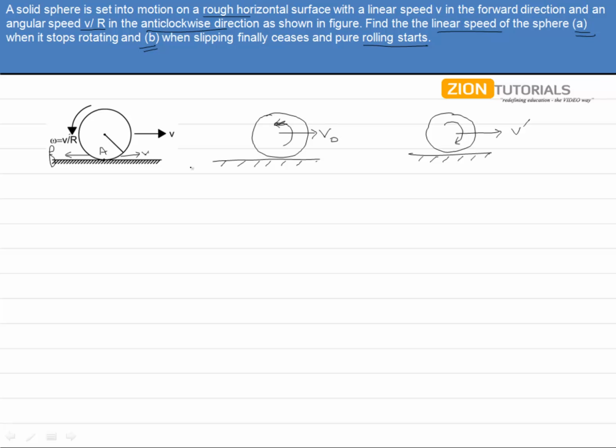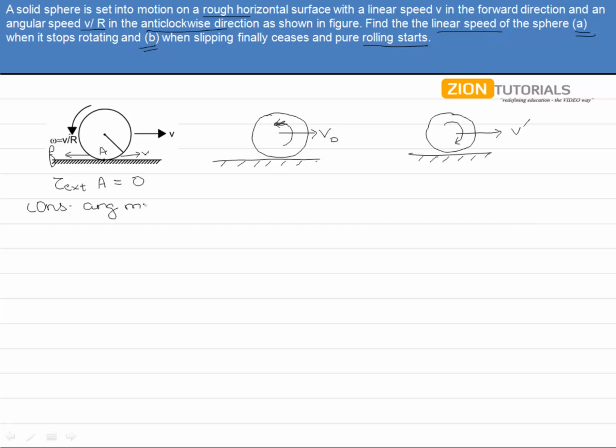So now let us see, if friction is acting along this surface, then the torque about this point will be 0, right? So if the external torque about point A is 0, then let us conserve the angular momentum about this point.